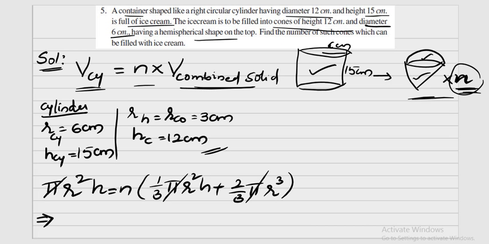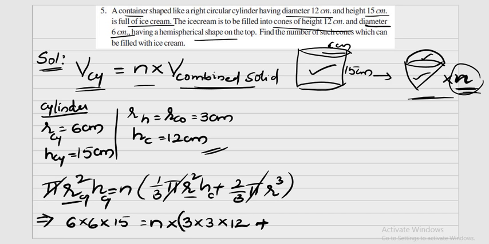Now substituting the values: r is the radius of the cylinder, h is the height of the cylinder, and the radius of the cone and hemisphere are both the same. So the radius of cylinder gives 6 into 6 into height of cylinder 15 is equal to n into, radius of cone 3 into 3 into height of cone 12, plus, all under one bracket, 2 by 3 into 3 into 3 into 3.